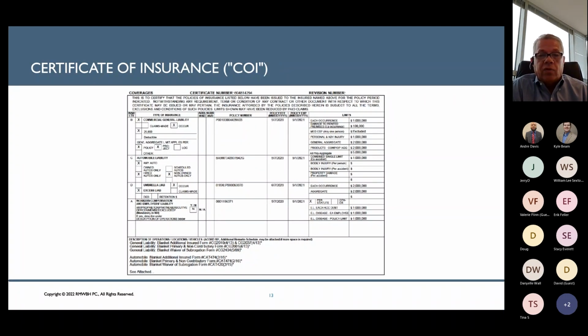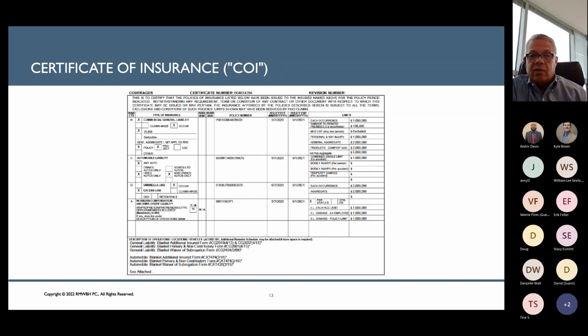And then you see in D, it's umbrella liability, and here they have the excess liability box marked. If you look over to the right, they've got $2 million for each occurrence and $2 million in the aggregate. So if there's an incident by the vendor and the association gets sued, like I said before, you've got $1 million of commercial general liability up at the top.